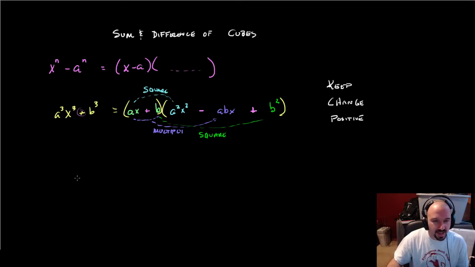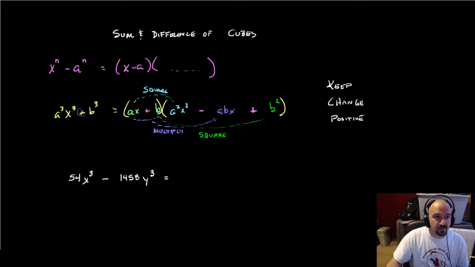Let's take a look at one that doesn't exactly just fall out. So let's take a look at 54x cubed, and we're going to subtract off 1458 y cubed, and we want to factor that out.